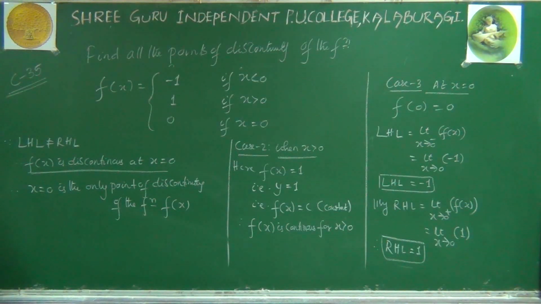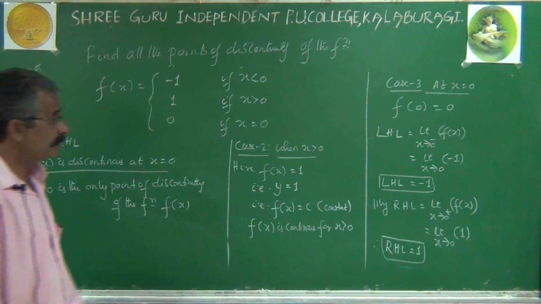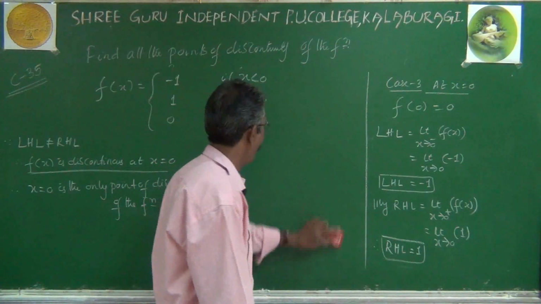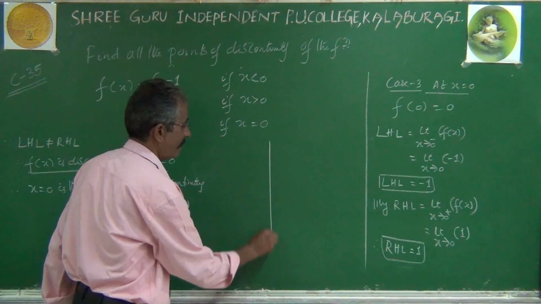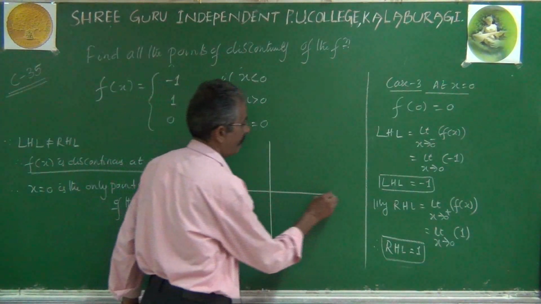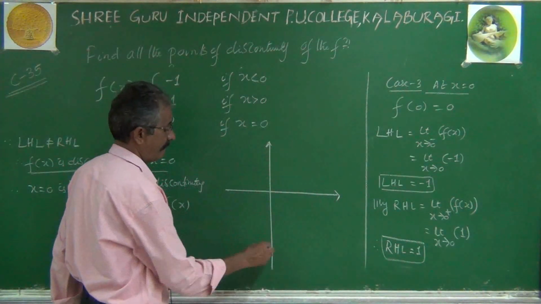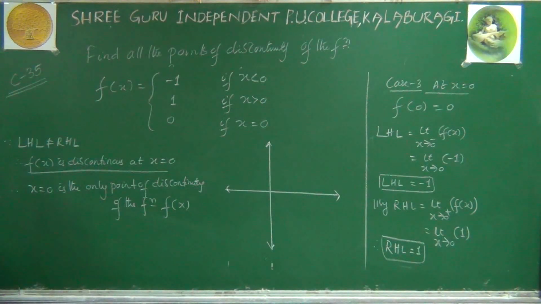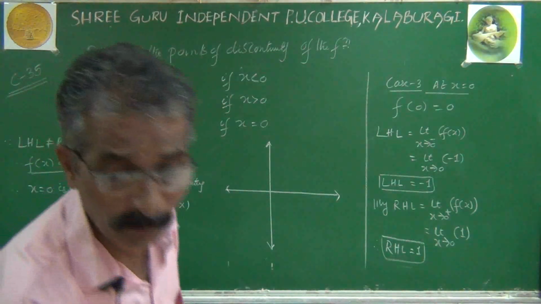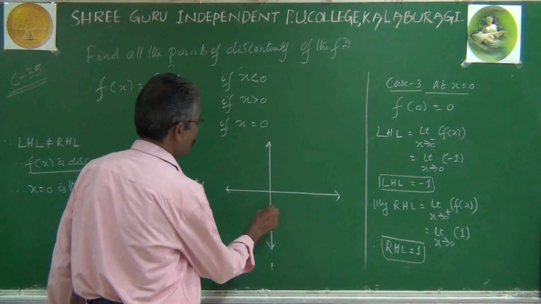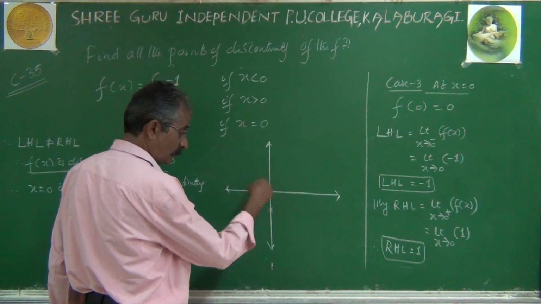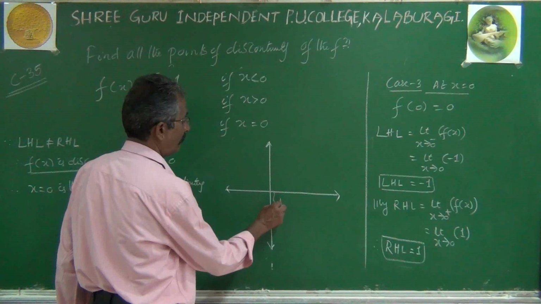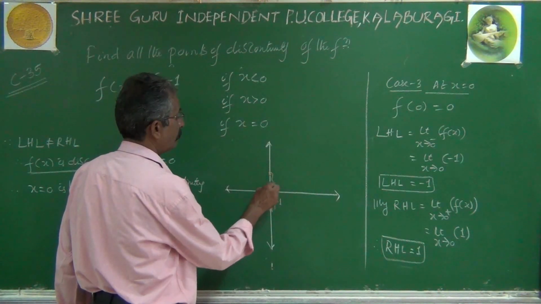You can illustrate this graphically. For x negative, what do we have? y equals minus 1. This is 1, and this is minus 1.